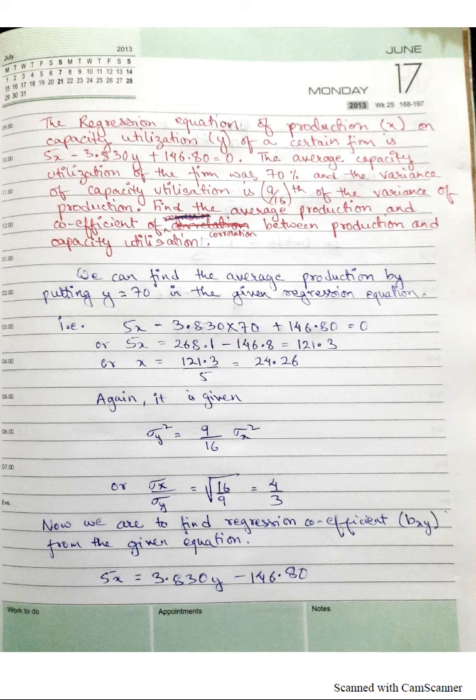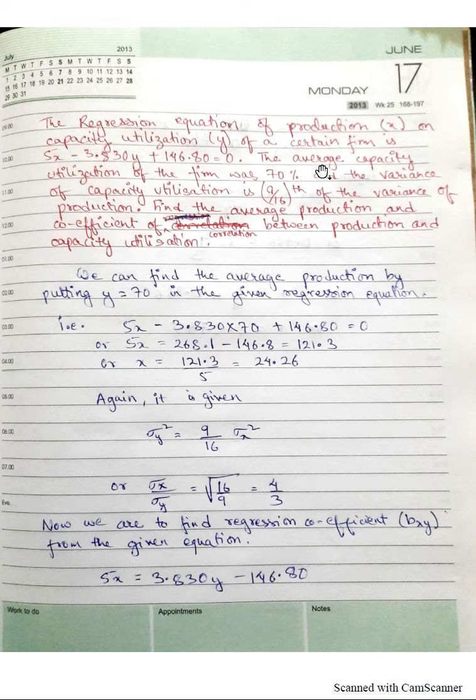So we are given two variables. The first variable is production, we take as x, and the second variable is capacity utilization, we take as y. So we are given the regression equation of x on y: 5x minus 3.830y plus 146.80 is equal to 0, where x is the production and y is the capacity utilization.